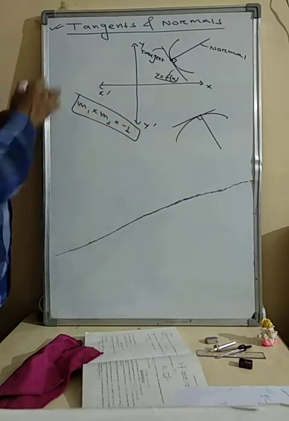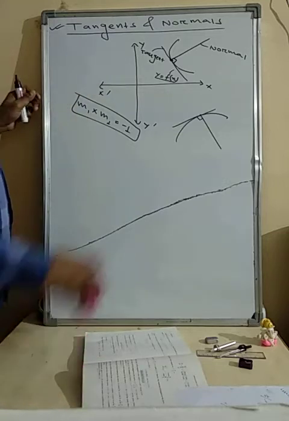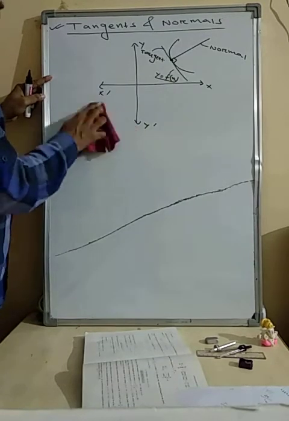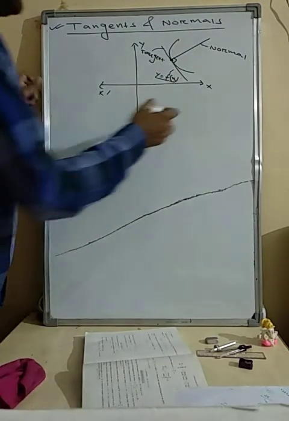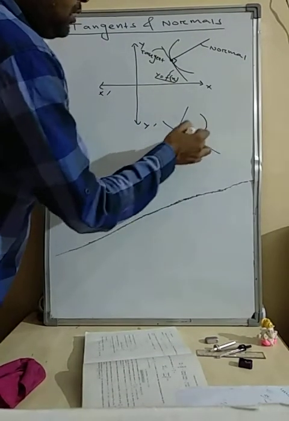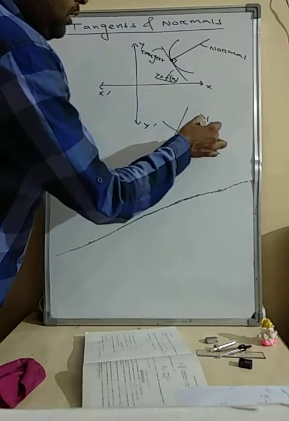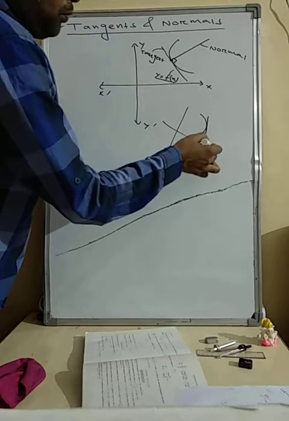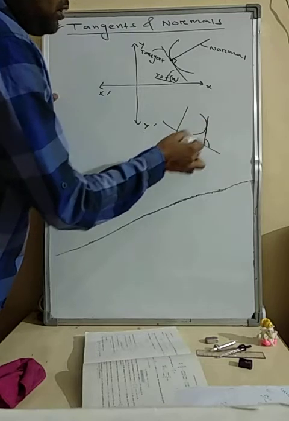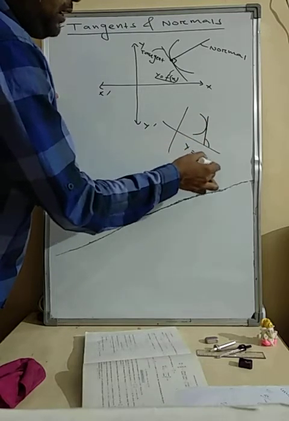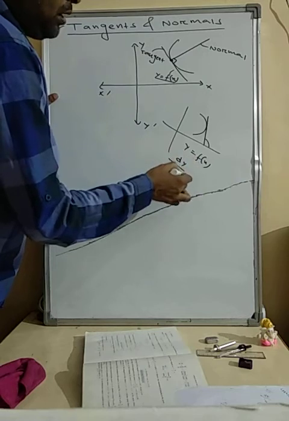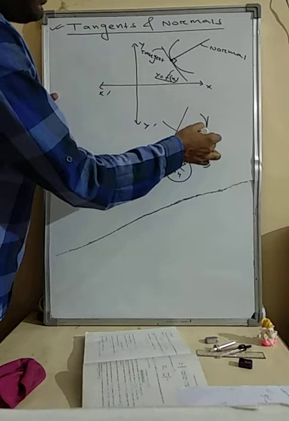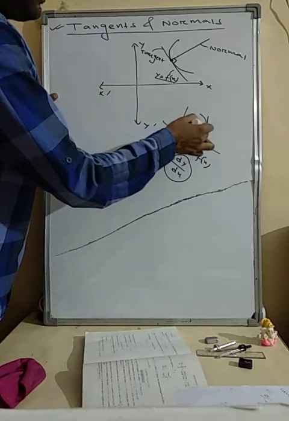Now, I already discussed in Rolle's theorem, suppose a curve is given, and at this curve if I draw a tangent, how to find the slope of this tangent? This curve is y equal to f(x), so if I find dy/dx, that is called the slope of this tangent to the curve y equal to f(x).